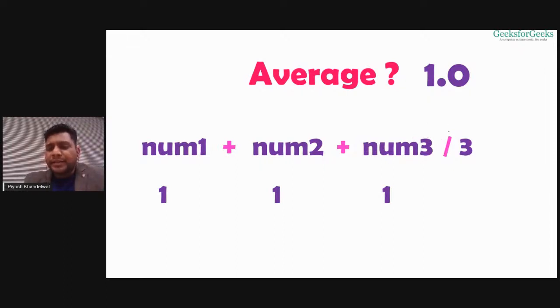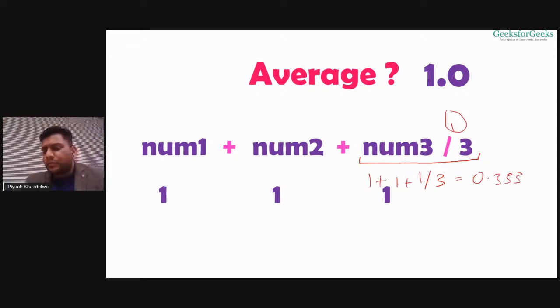So here this division was performed first, 1 divided by 3, and it gave me 0.33 something. And then the additions were done, 1 plus 1 plus this, so we got the answer 2.33 something.